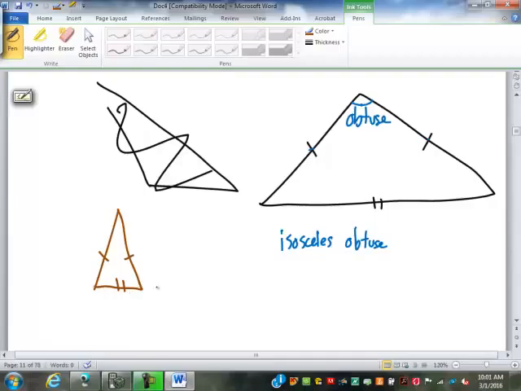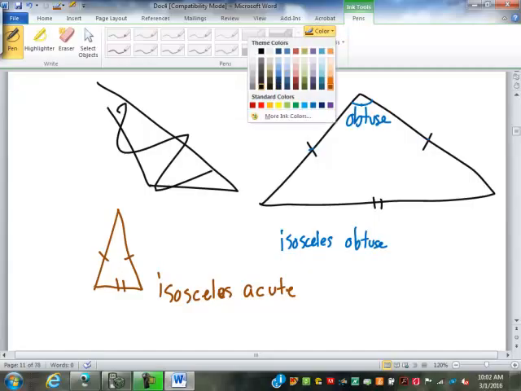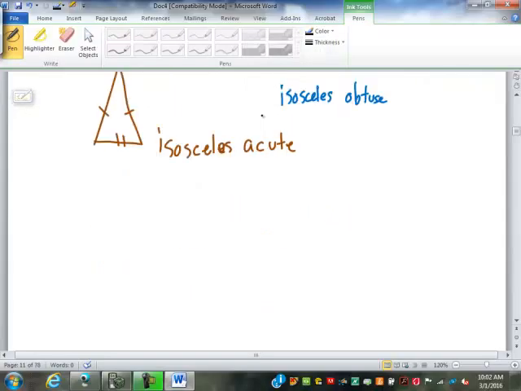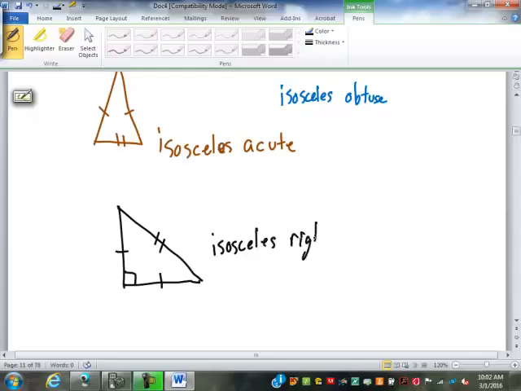Right? That's isosceles acute. Why is it acute? Because its largest angle is acute. It doesn't have any angles in it bigger than 90. What's that one going to be? Isosceles right triangle.